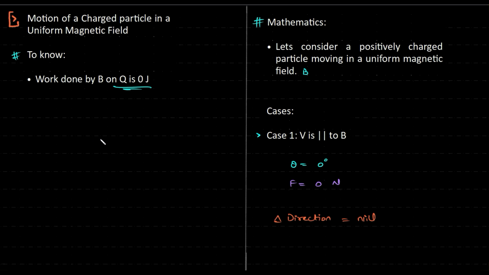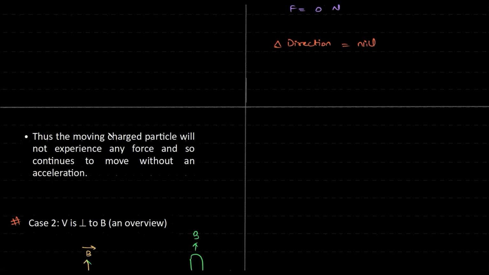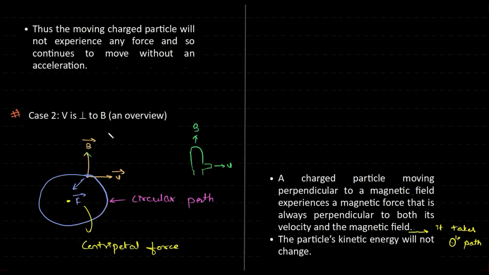A moving charged particle can enter a magnetic field in three different ways. One is parallel to the field. In that case, nothing happens. It just passes through. When it's perpendicular, it gets stuck in a loop. It won't move anywhere; it'll be going round and round in that plane itself.